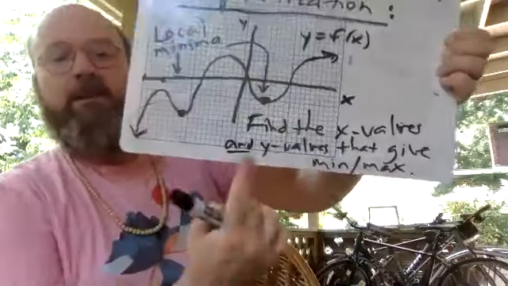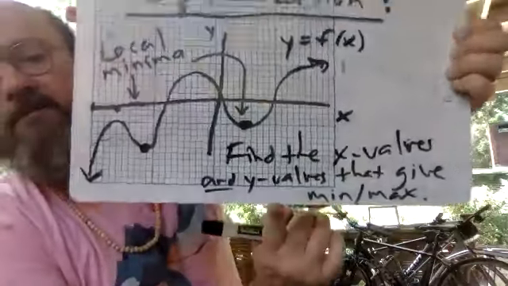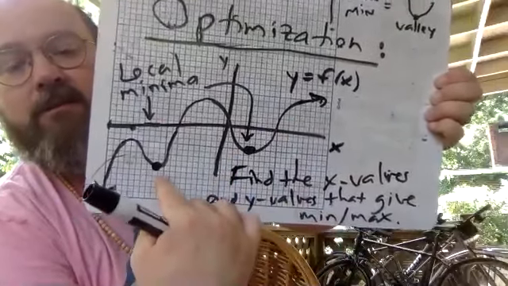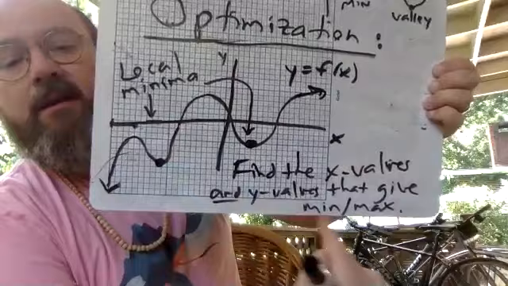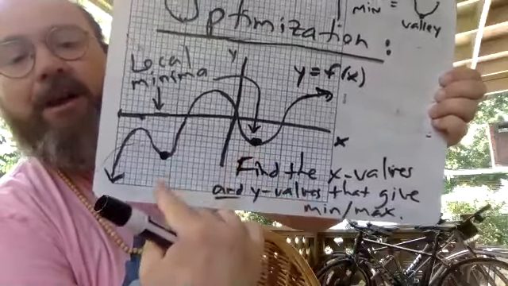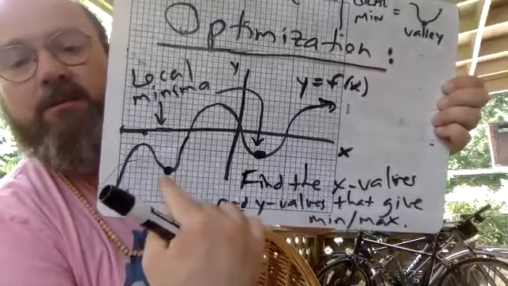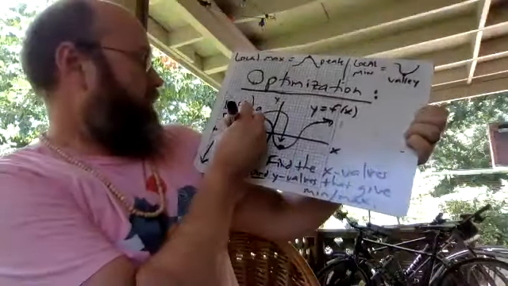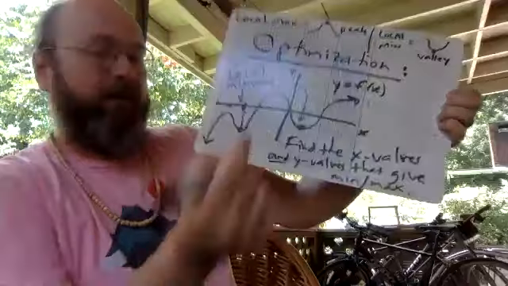This is the art of optimization. To find the x values that give you those y values, and also to actually give you the y values. What's the actual lowest point? What's the minimum value of this function, and where does it happen? What x value do you have to plug in to produce that?